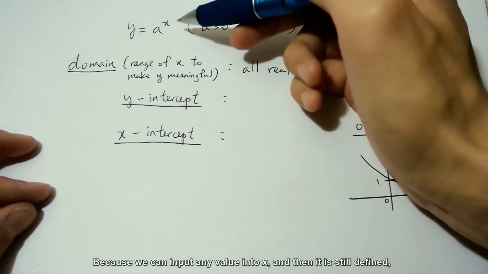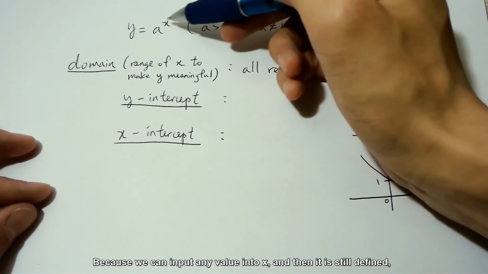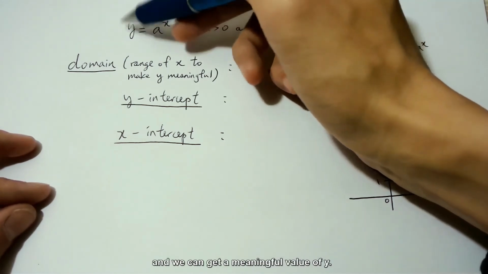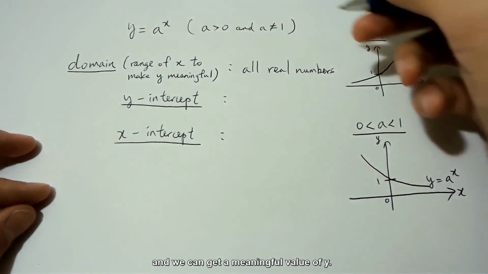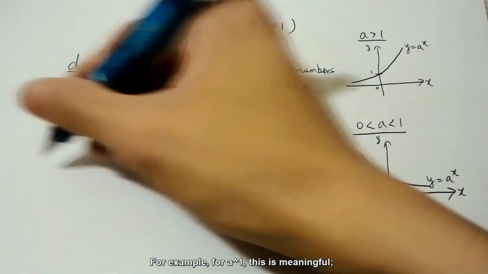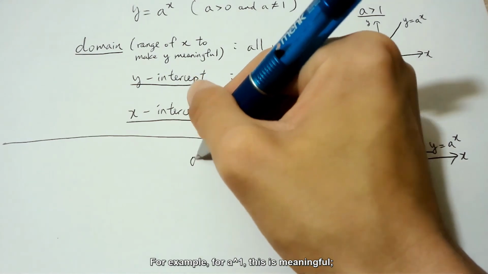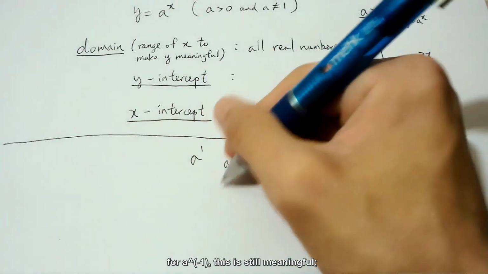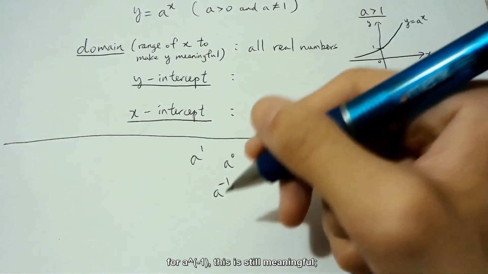Because we can input any value into x, and then it is still defined and we can get a meaningful value of y. For example, for a to the power 1, this is meaningful. For a to the power 0, this is still meaningful. For a to the power -1, this is still meaningful.